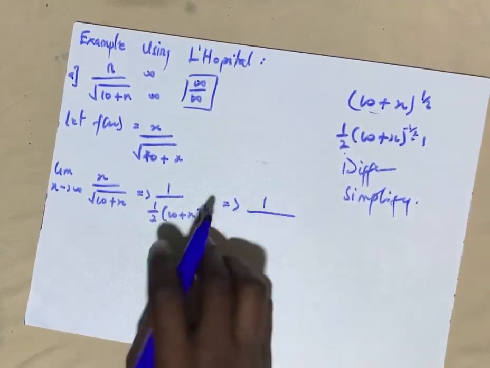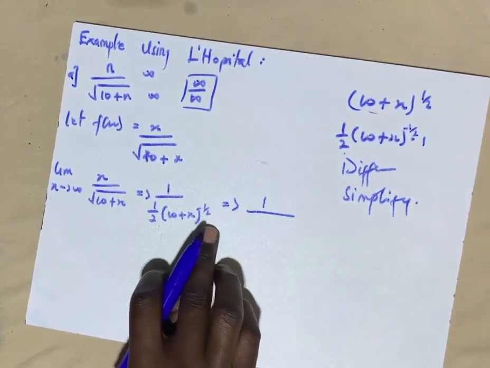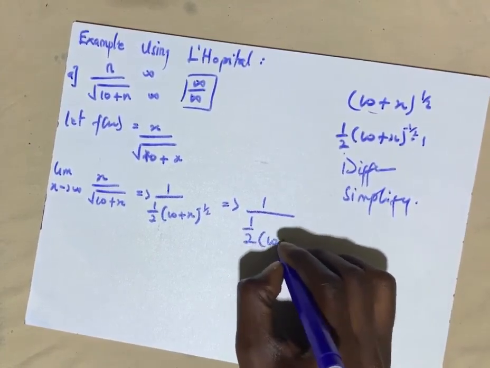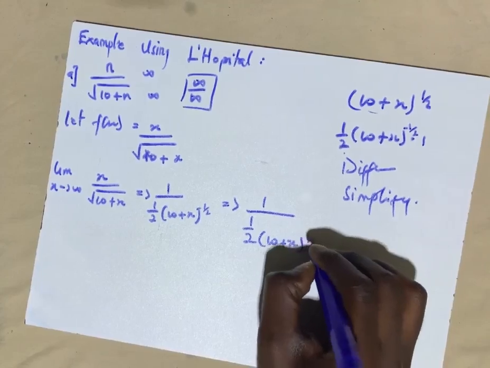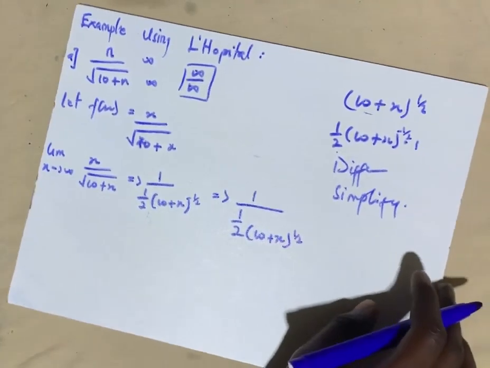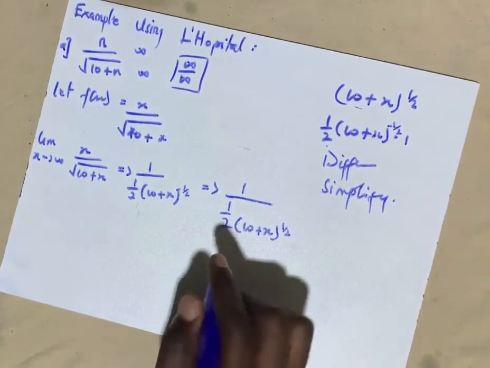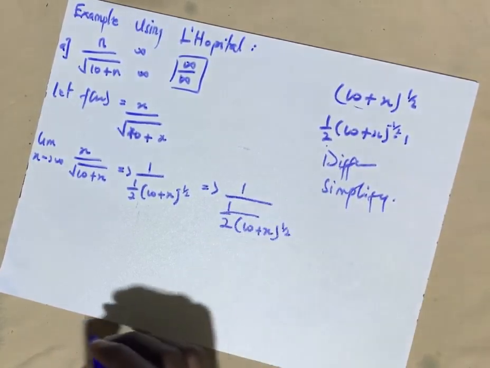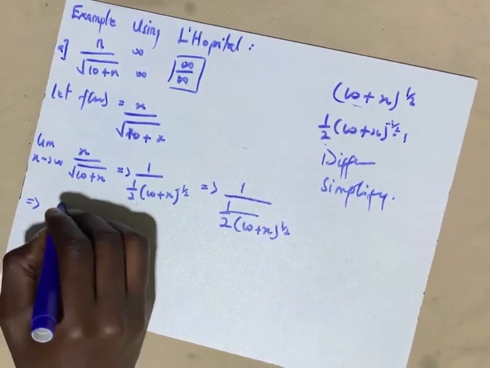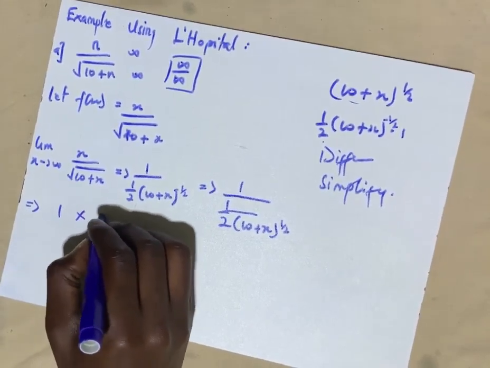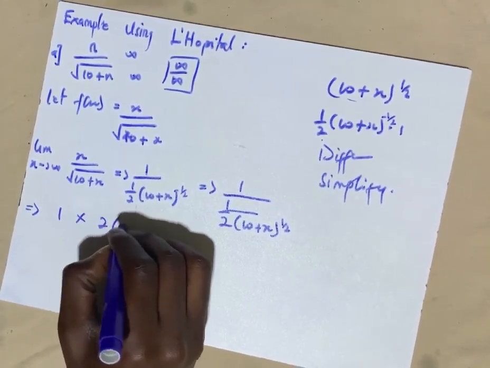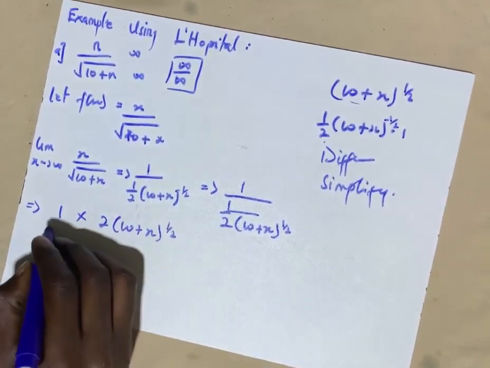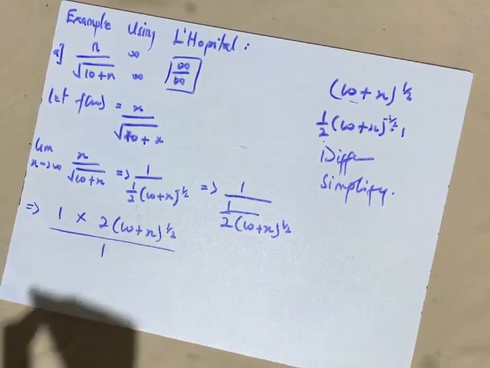You have 1. Now this is to the power negative exponent, so just drop it down. You are going to get 10 plus x to the exponent half. Now you can continue simplifying. Anytime you have a fraction like this, you can easily reciprocate, isn't it? So you can get 1 times 2 times 10 plus x all raised to the power half all over 1.